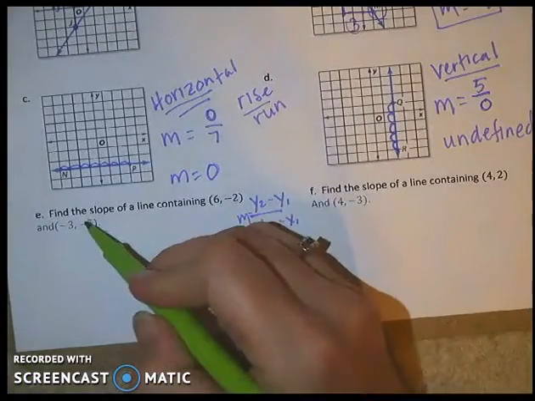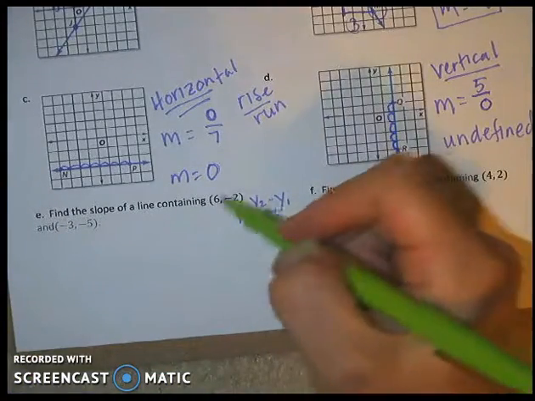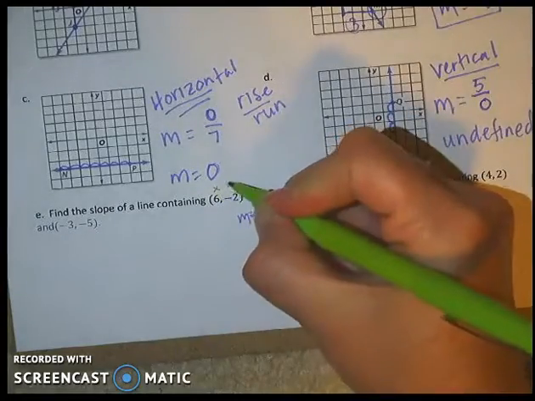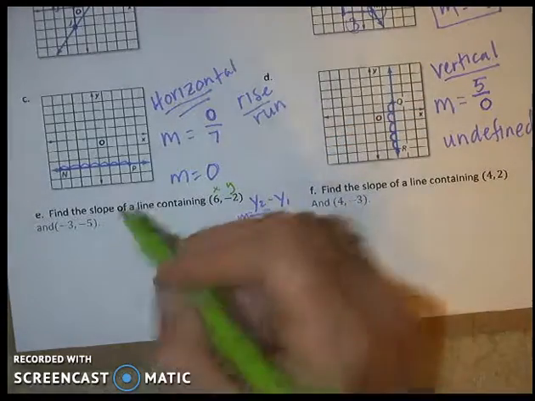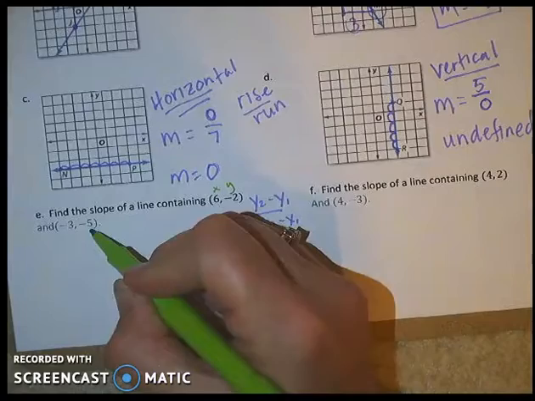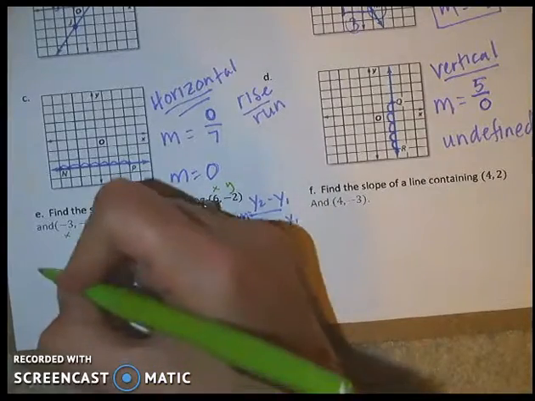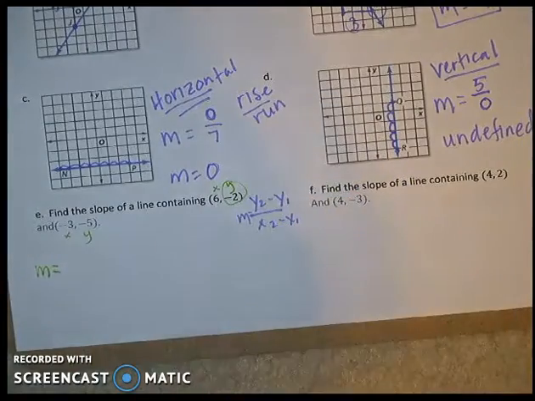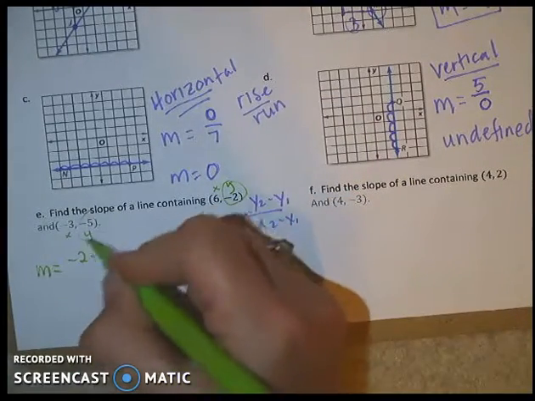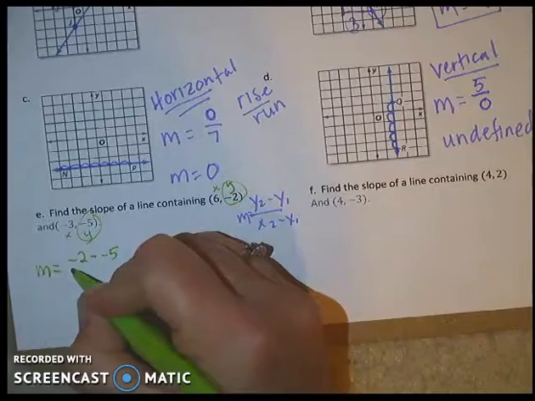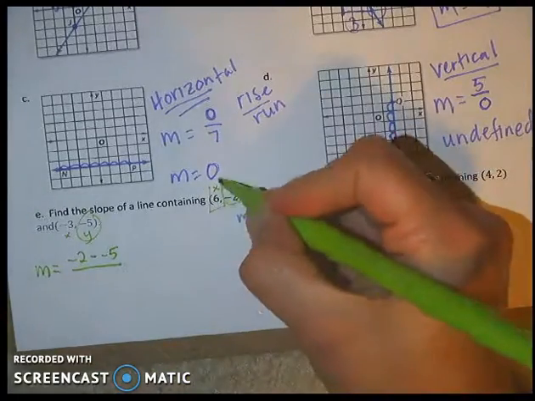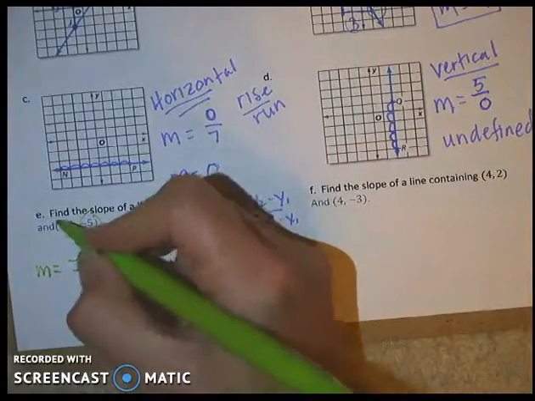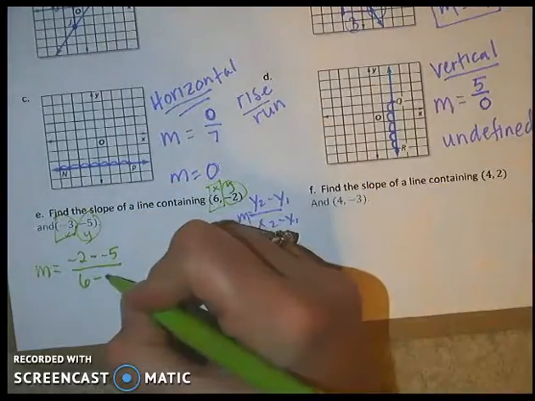So if you look, find the slope of the line containing this point, 6, -2, so remember this is an x, y, and the point -3, -5, so this is an x, y. If I'm finding the slope, I'm going to do y minus y, so y is -2 minus y, which is -5, over x, which is 6, and x here is -3.